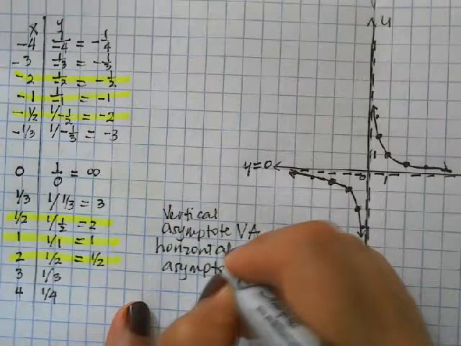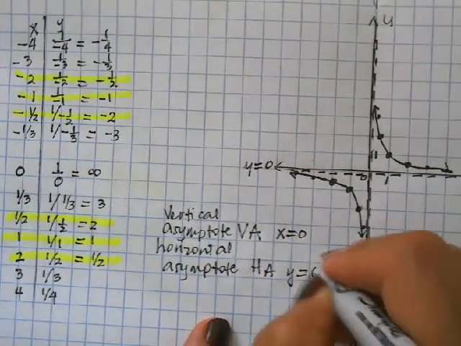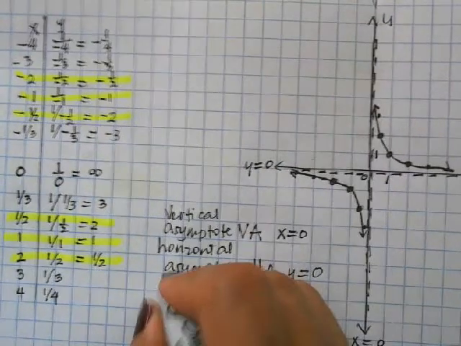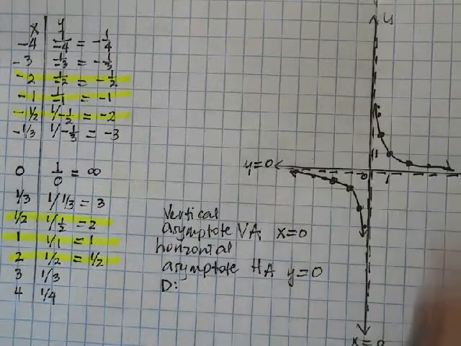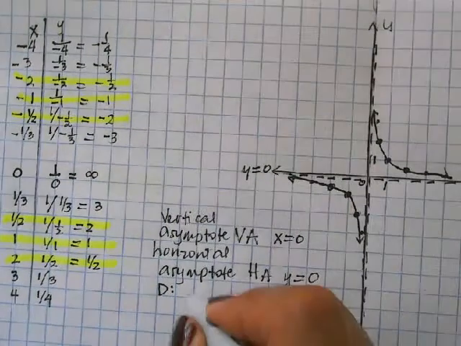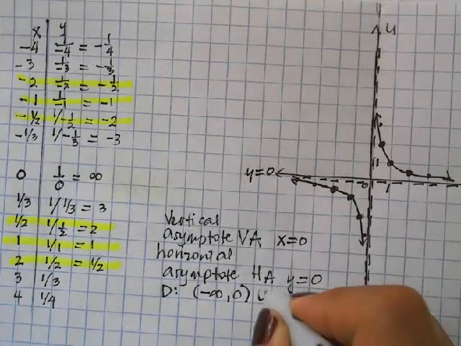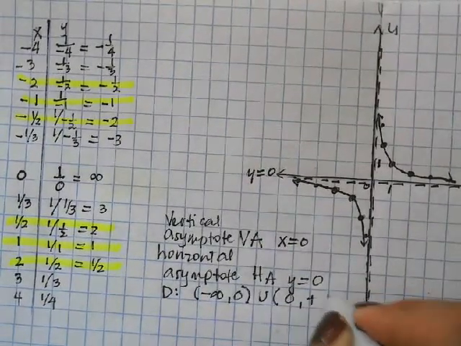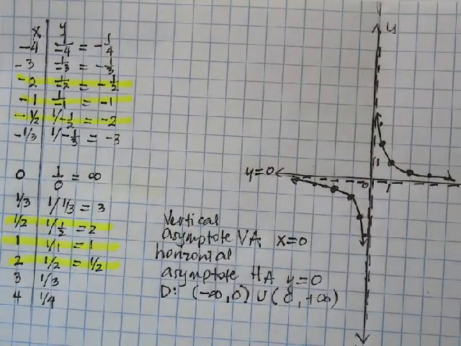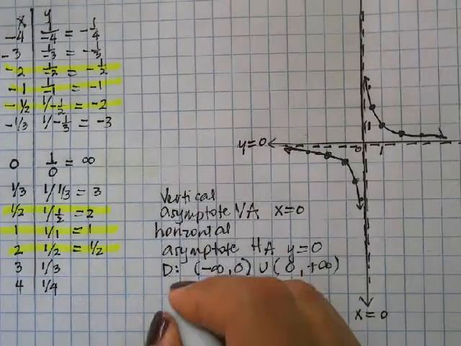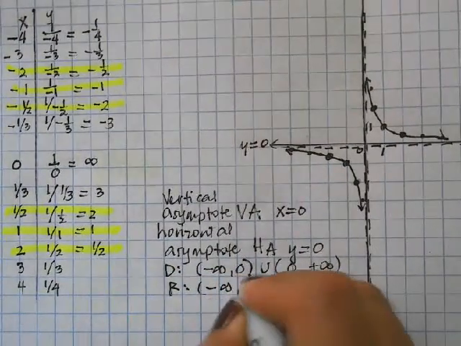It will be y equals 0. And what is our domain? Domain will be all real except 0, or negative infinity to 0, parenthesis, union with parenthesis, 0 to positive infinity. What is our range? Everything except 0. So range is negative infinity to 0, union 0 to infinity.